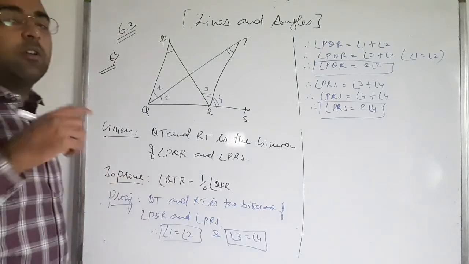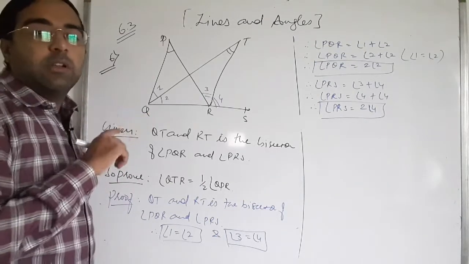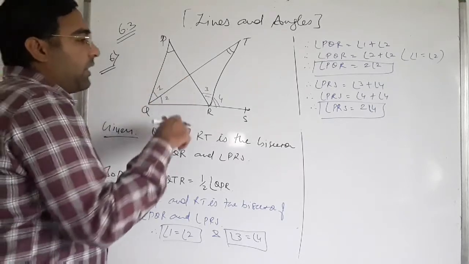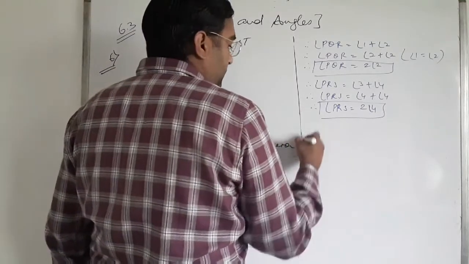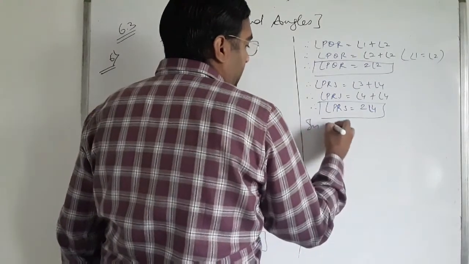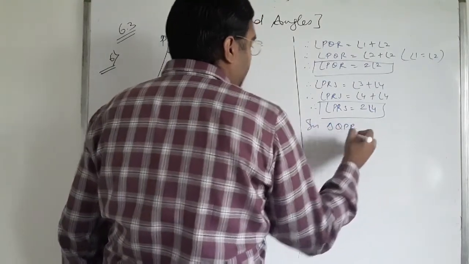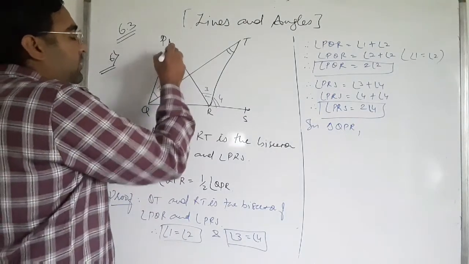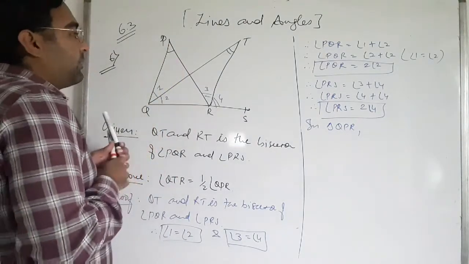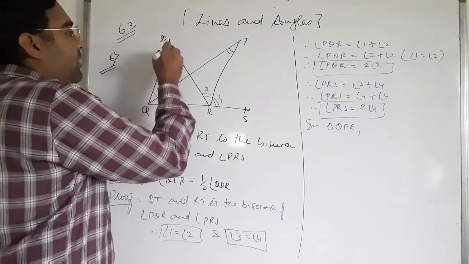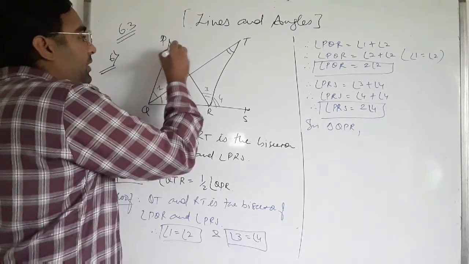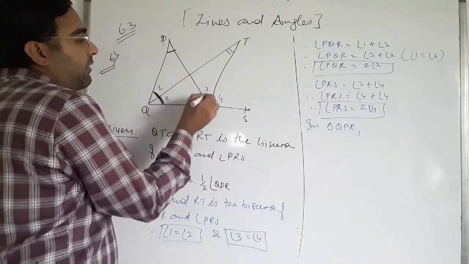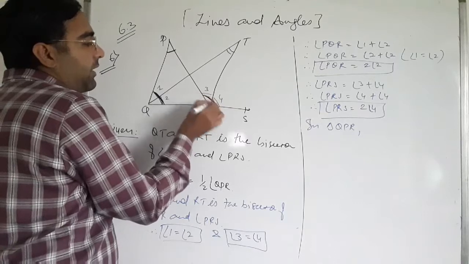Now as we know, the sum of the two interior angles is equal to the exterior angle. In triangle QPR, the sum of these two interior angles is equal to the third, exterior angle.